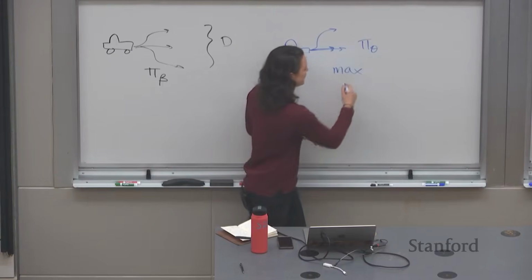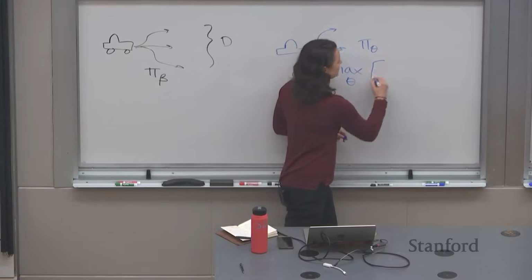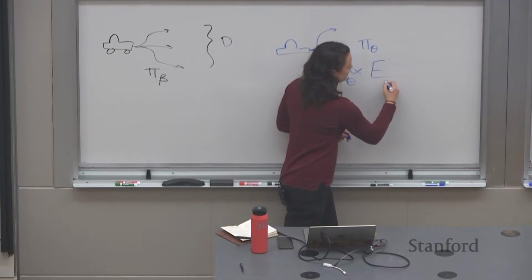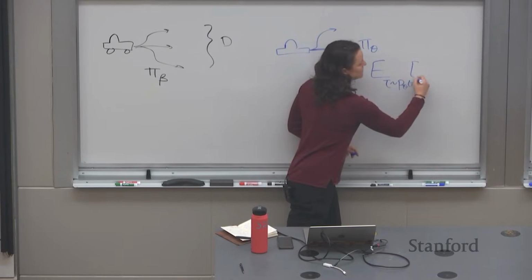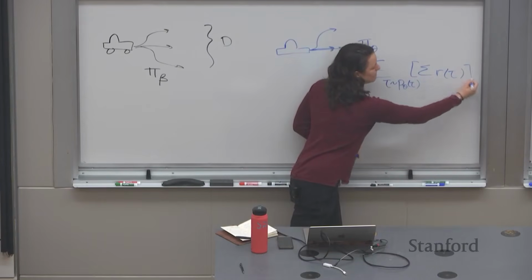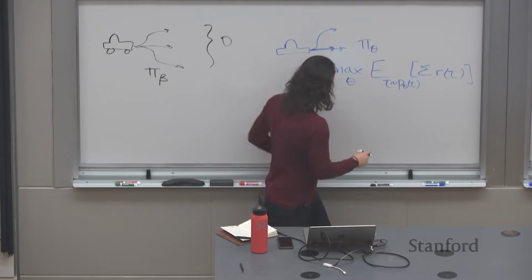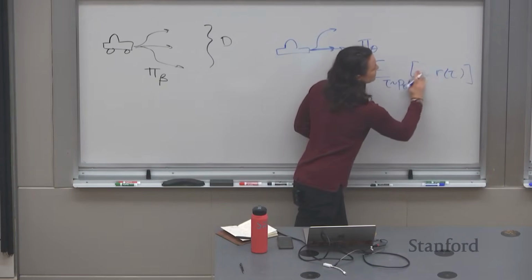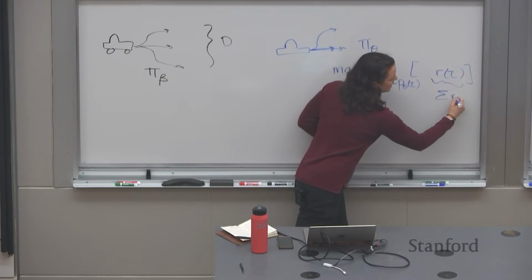So you can think about that as optimizing the parameters theta of this policy to maximize, for trajectories sampled from this policy, the sum of rewards. I'll write it as our trajectory, where this is the sum of rewards for individual states in that trajectory.